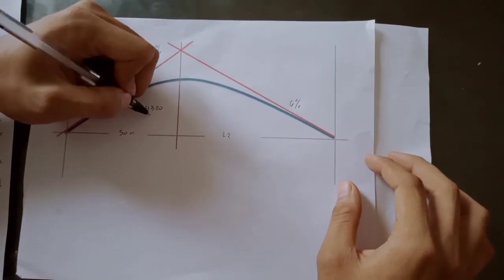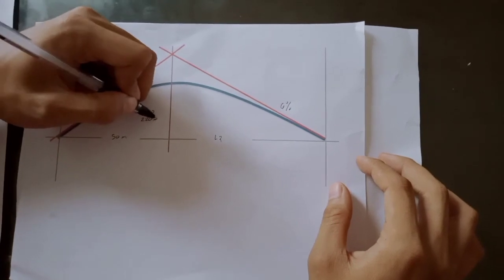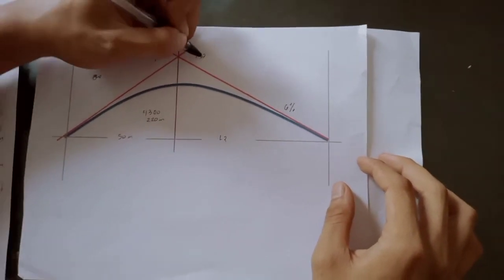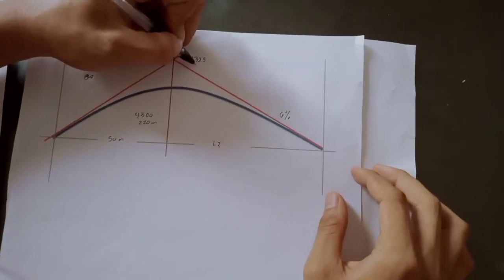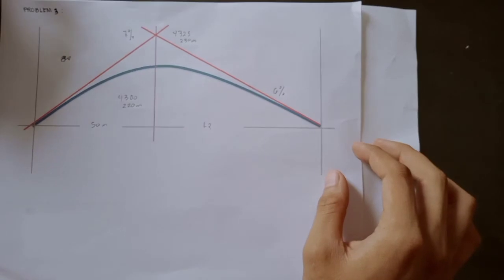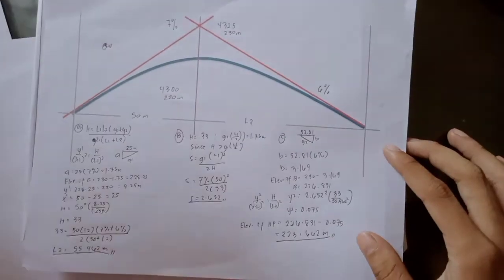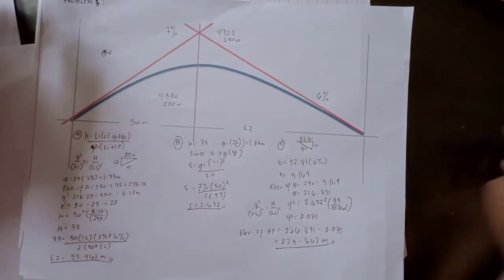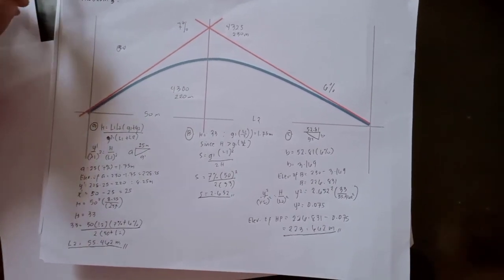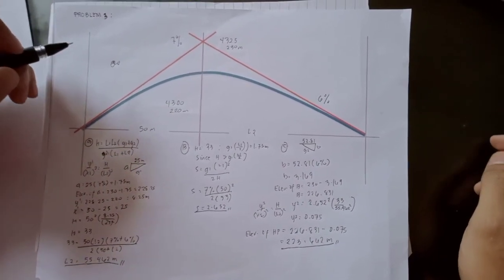Then it has elevation of 220 meter. Then we also have a stationing of 4,325 and its elevation is 230 meter. In A, we are determining the length of the curve on the side of the forward tangent.